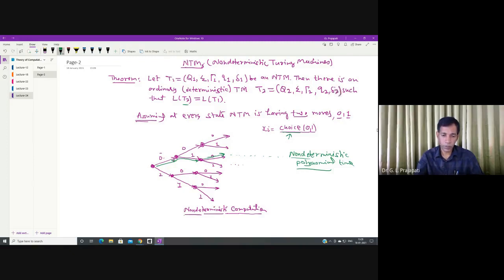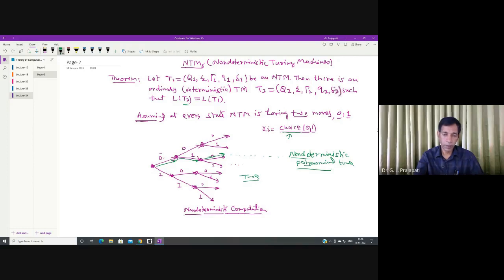You can execute every choice by fixing some arbitrary order, and accordingly execute all possible choices. So your deterministic Turing machine's job is to search for the answers in this tree, the non-deterministic computation tree.